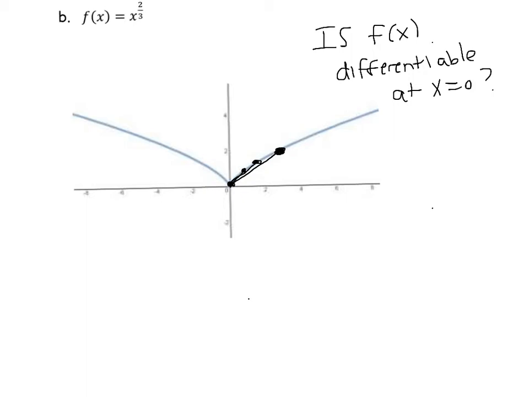It's kind of tough to tell, but ultimately these secant lines, I'm going to draw them over here, are going to start looking more and more vertical. And that means that their slopes are approaching infinity.